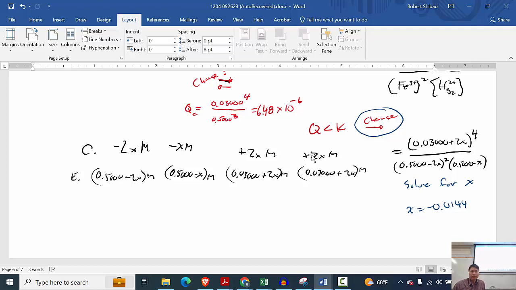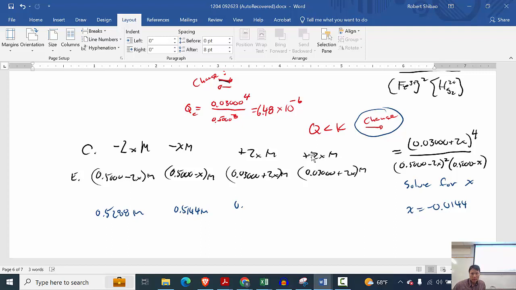Make it easier. And so that means that this is going to be a negative times a negative will give us positive. So this will be 0.5, and then this will be 288. So 0.5288 molar. And then this is just going to be plus that, and so this is going to be 0.5144 molar, and then this will be plus the 288, which will give us negative.